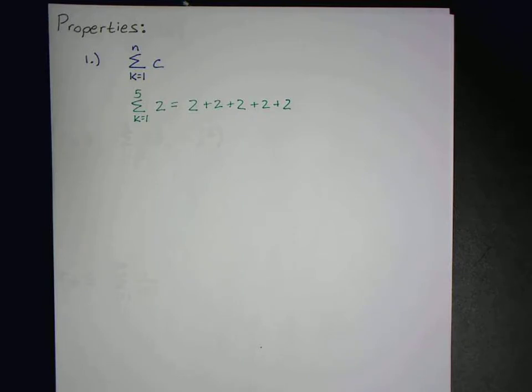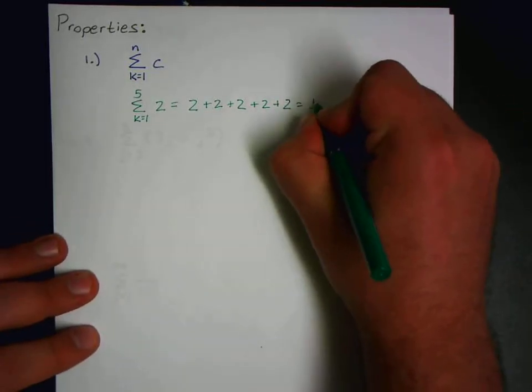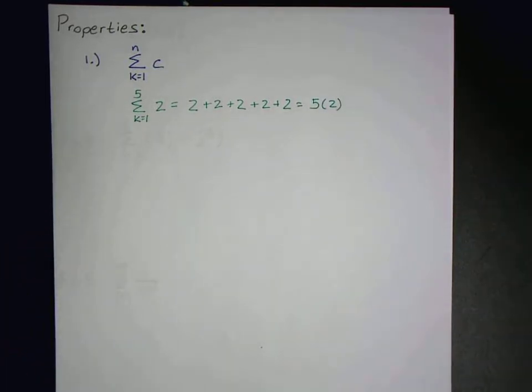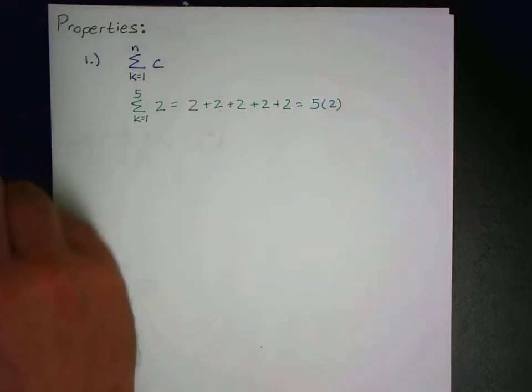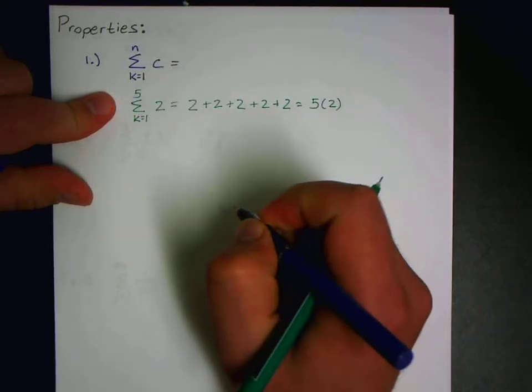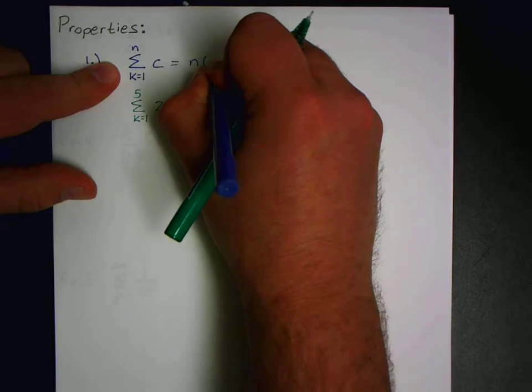Nope. 5 times 2. This is the definition of multiplication. So what this rule says is if you have a summation of just a constant, that's just multiplication.